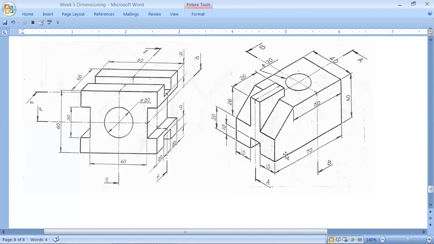In the next class, I'm going to explain that this is isometric because I have 30 degrees and 30 degrees. And this is oblique projection because one side remains on the horizontal plane and another side moves at 45 degrees, either to the right or to the left. It's a decision for the person doing the drawing, right?